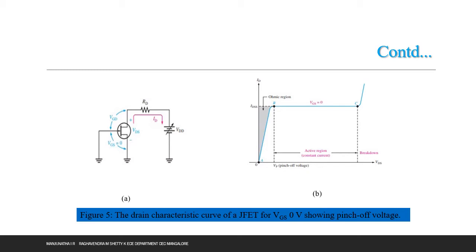Since the depletion region breaks down, the current across the device changes abruptly. There is a sudden increment in the drain current. Since the PN junction depletion region has broken down, the drain current is in the breakdown condition. It leads to device damage.